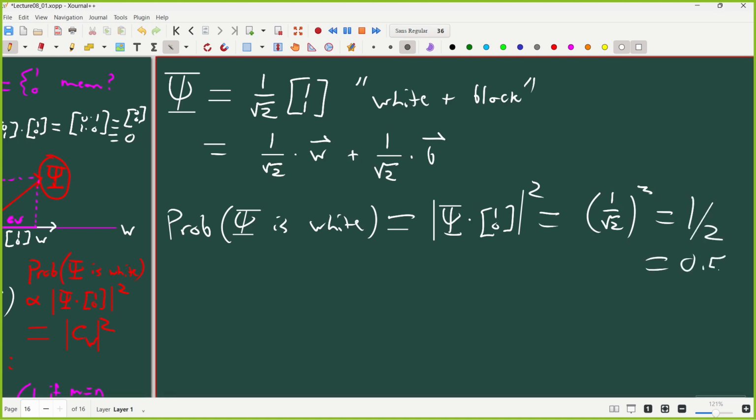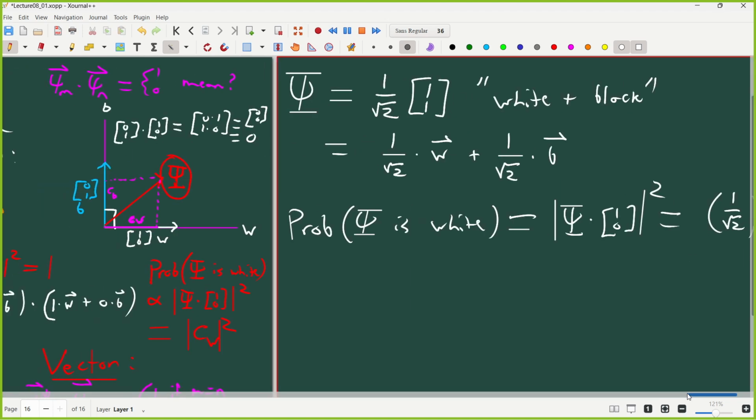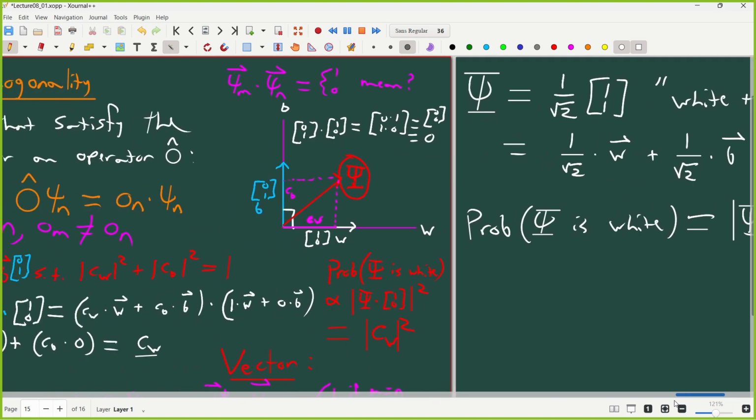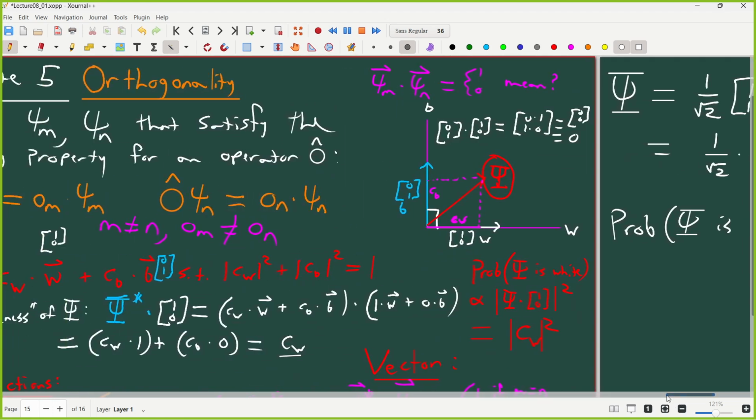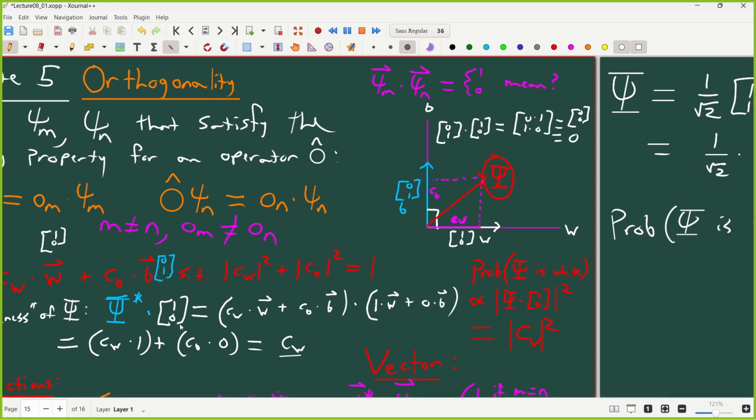0.5. Right? So we've just reproduced the exact answer that we expected, that a white plus black electron has a 50-50 chance of being white or black. And by using this rule of orthogonality, we can calculate that explicitly by dotting the vector with the vector representing the state that we want, right? We want to calculate how similar our electron is to a pure white electron.